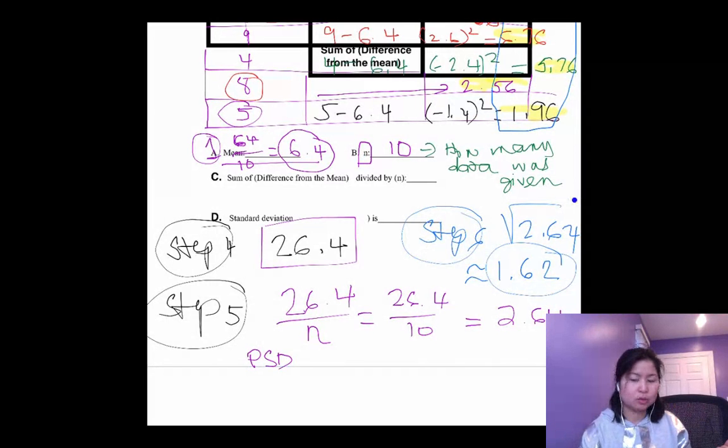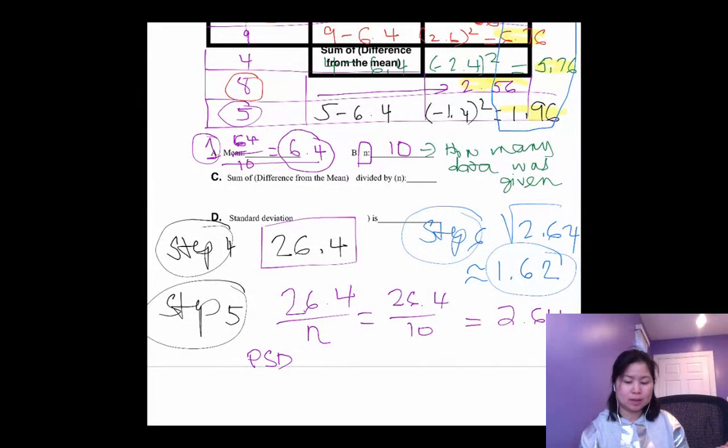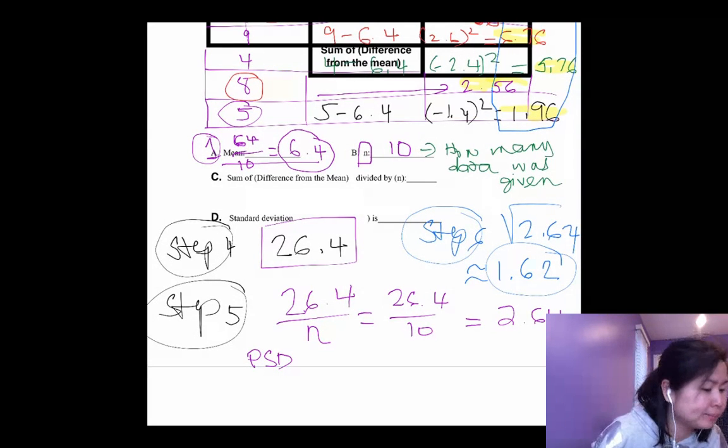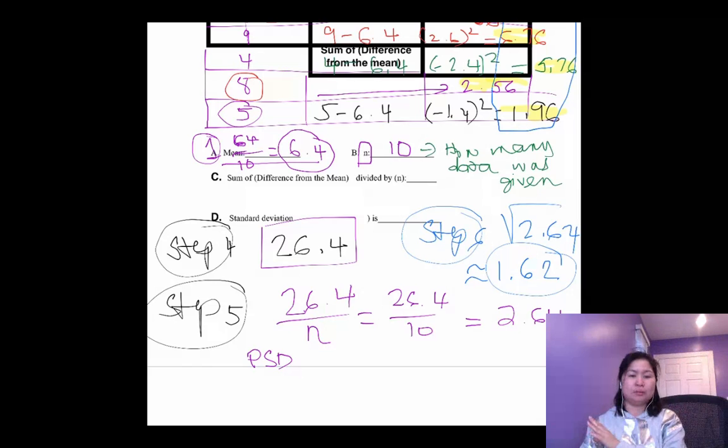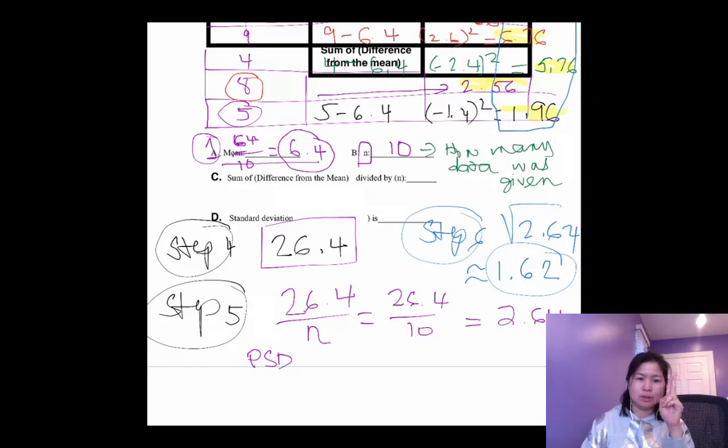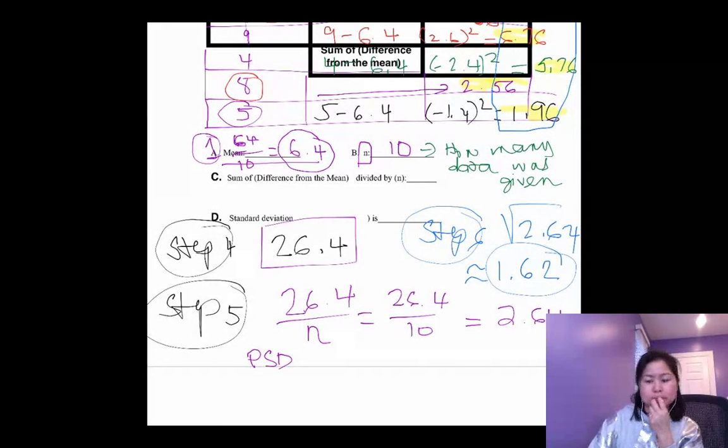I'm taking the square root of it. That gave me 1.6248, which is a long number, but I want you to round to 2 decimal places. So on the summative, 2 decimal places, okay? And that's how I got 1.62. And my answer, the standard deviation, is this one, 1.62.